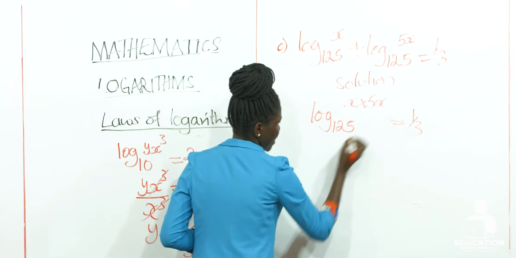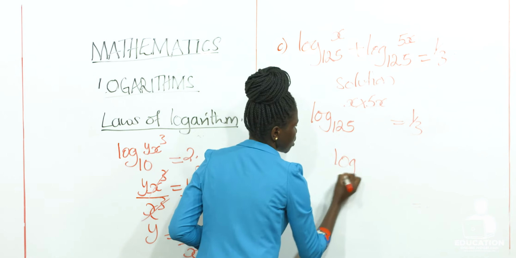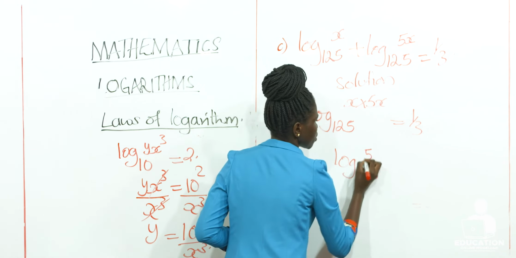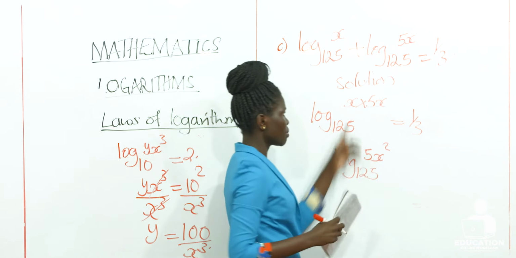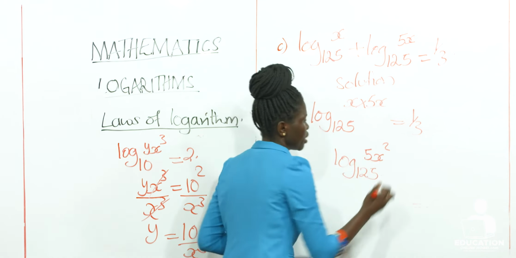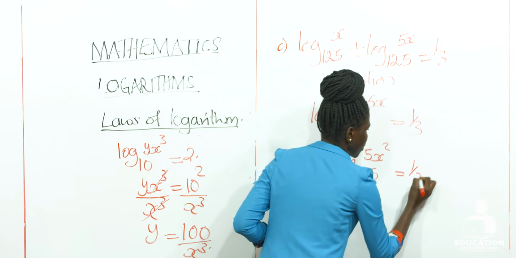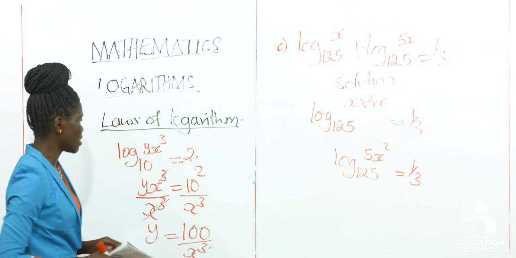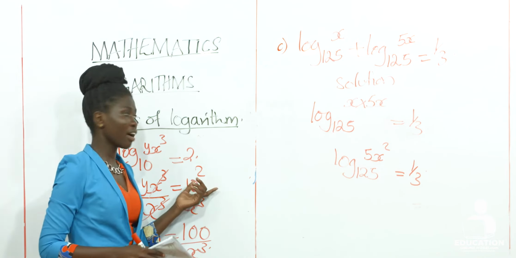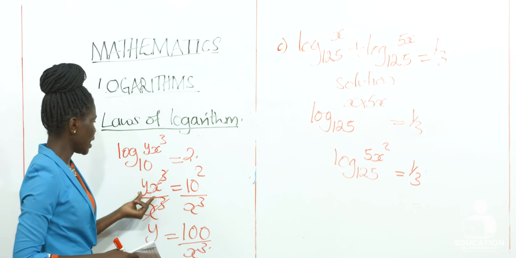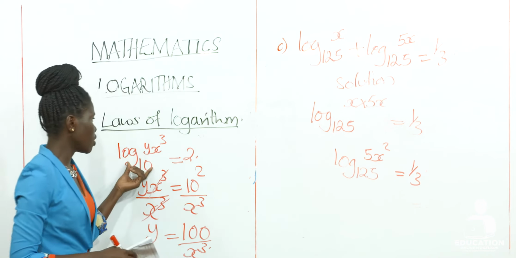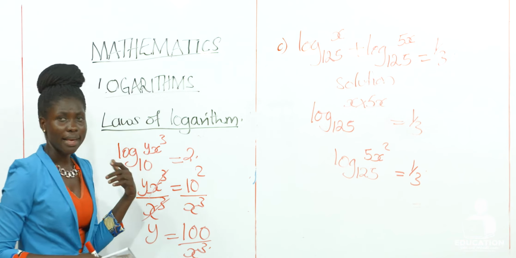So when you multiply this, you'll be left with log 125 of 5x squared, since x times x gives you x squared. This will be equal to a third. So with this, we shall also apply the same thing we started with about logarithm. When given a number expressed in its power is equal to a certain number, the way you express it in logarithm is the same.